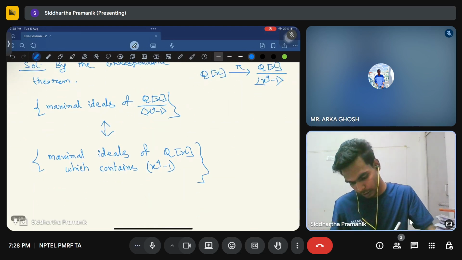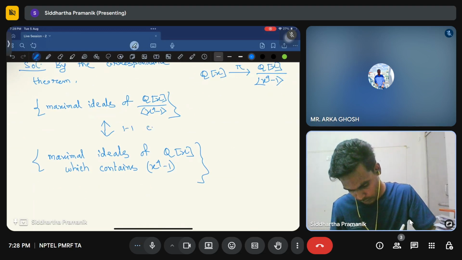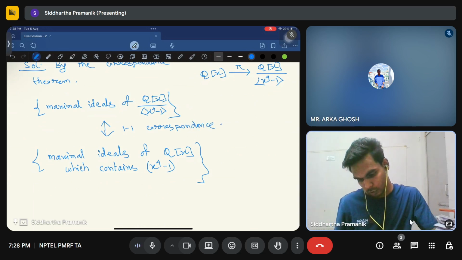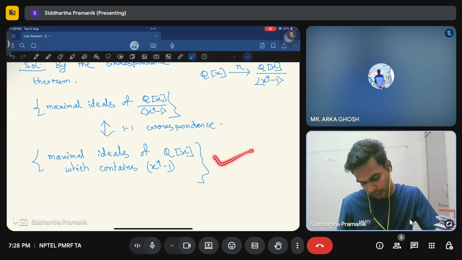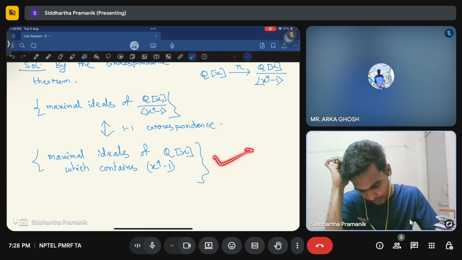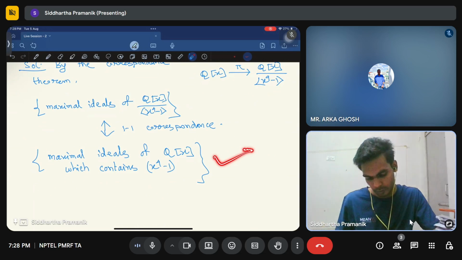So here is the one-to-one correspondence. We need to find this set, I mean the maximal ideals of Q[x] which contain x power 4 minus 1.